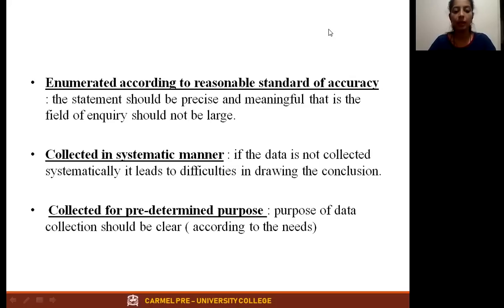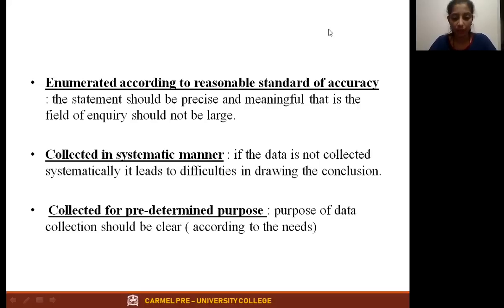Clear, students? Next one, statistics is collected in a systematic manner. Another characteristic is that it is collected in a systematic manner. If the data is not collected systematically, or in a haphazard way, you cannot come to a conclusion, or interpretation cannot be given.